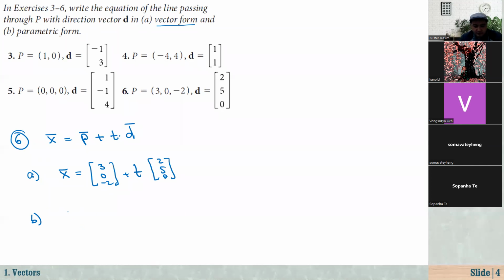The parametric form will be x equals 3 plus 2t, right? y is equal to 0 plus 5t, that's just 5t. And the z component will be -2 plus 0, that's just -2. Okay, that means our line is just lying 2 units down from the xy plane.